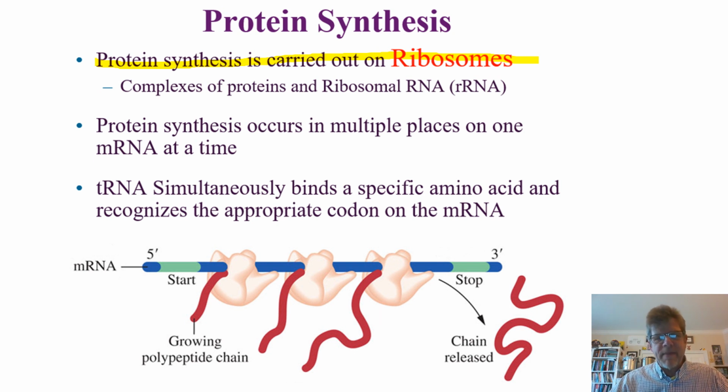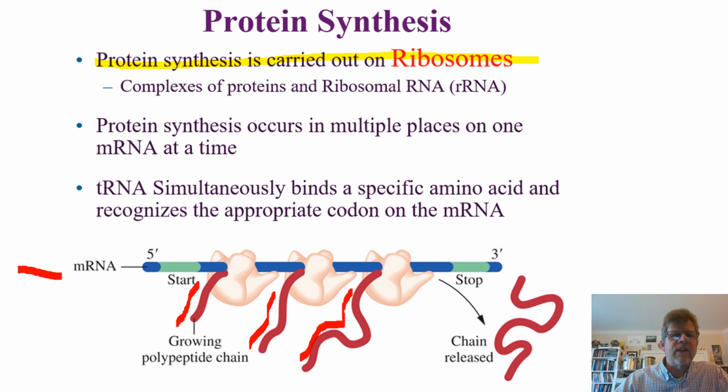But the messenger RNA shown here is pulled through the ribosome, and as it's pulled through, the ribosome reads the base pairings, the codons on it, and builds the protein coming out the other end here. This is the growing primary structures that we're seeing here of these proteins that the messenger RNA codes for.